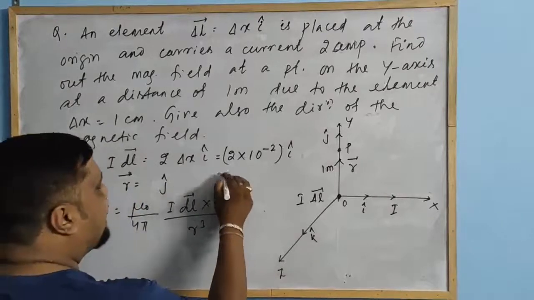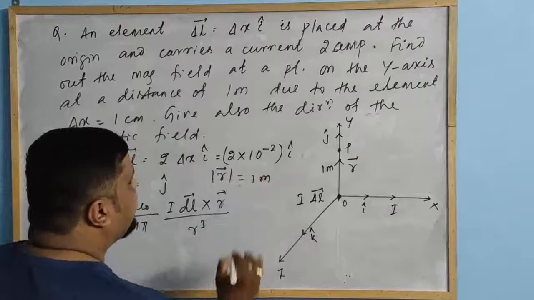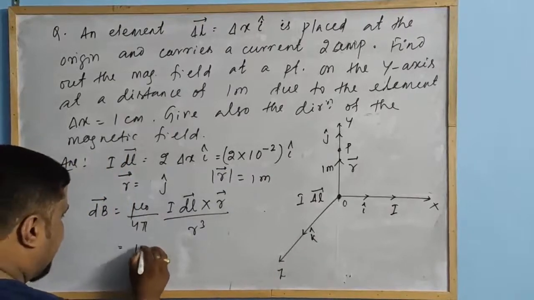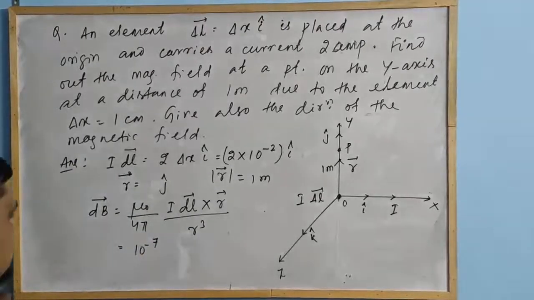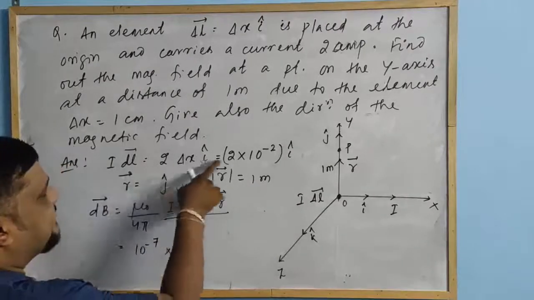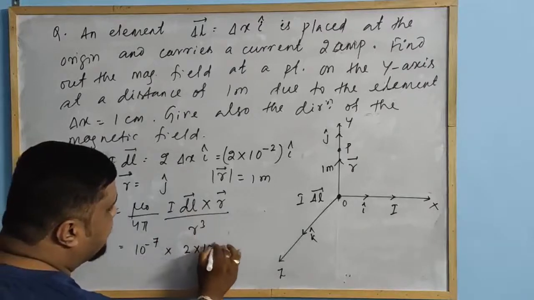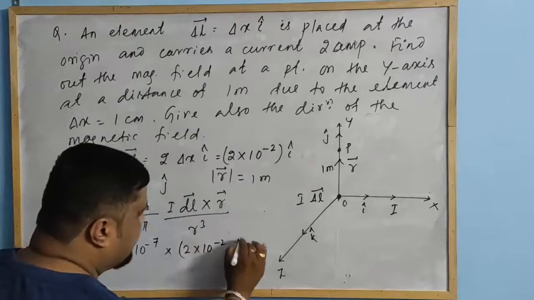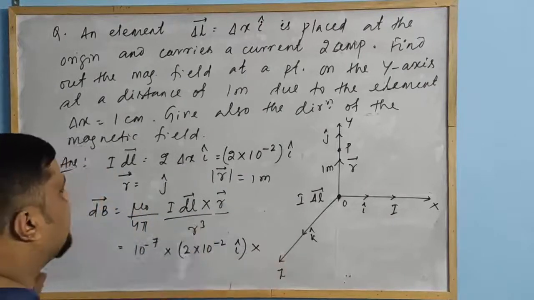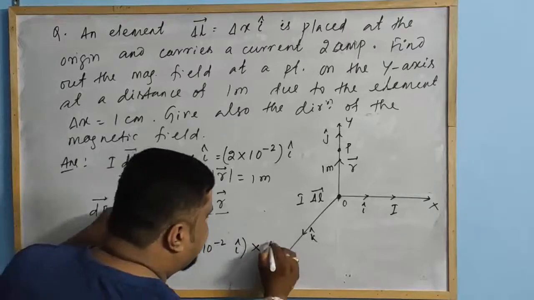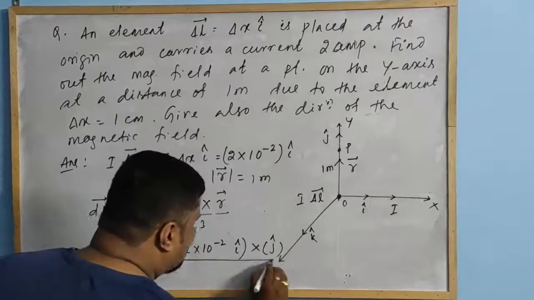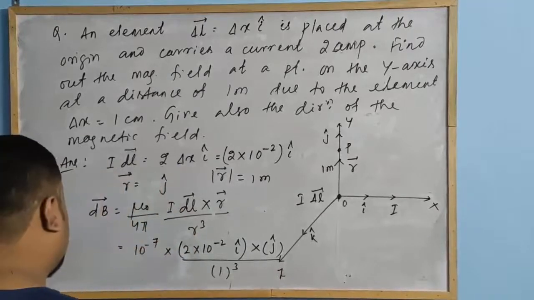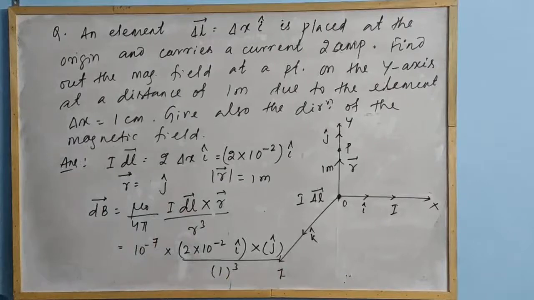And what is the magnitude of R? That is 1 meter. If you put that, mu naught by 4 pi is what? 10 to the power minus 7, already you know that. Into IDL, 2 into 10 to the power minus 2, i cap cross product R vector, that is j cap, divided by magnitude of R cube, 1 cube.